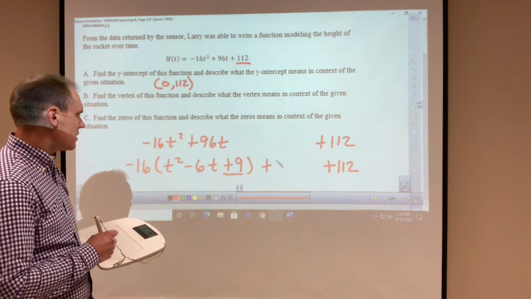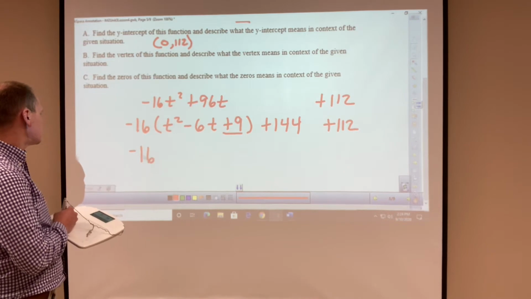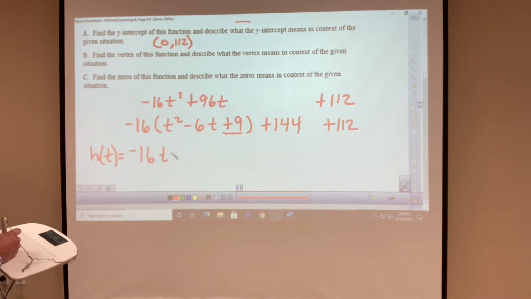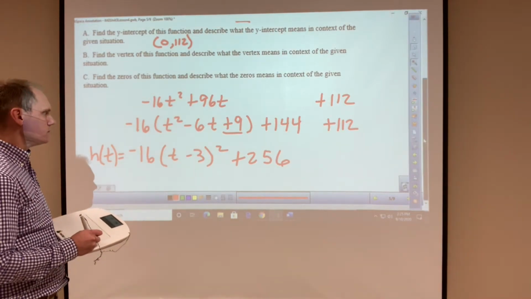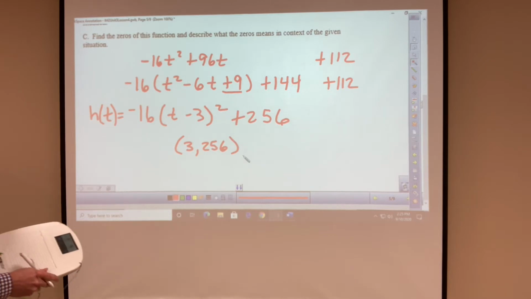So we need to add 144 out on the outside here, leaving us with, this is again h of t, negative 16 times (t minus 3) squared plus 256. So by converting it to vertex form there, we can now tell the vertex is (3, 256).